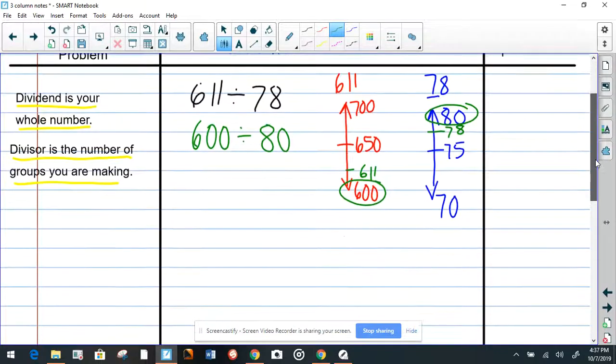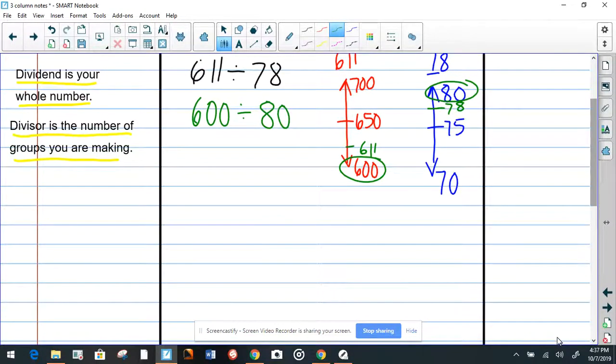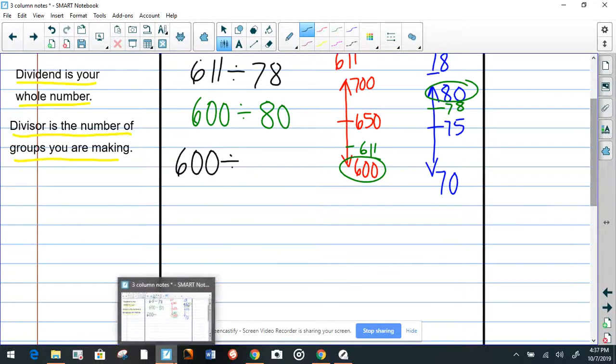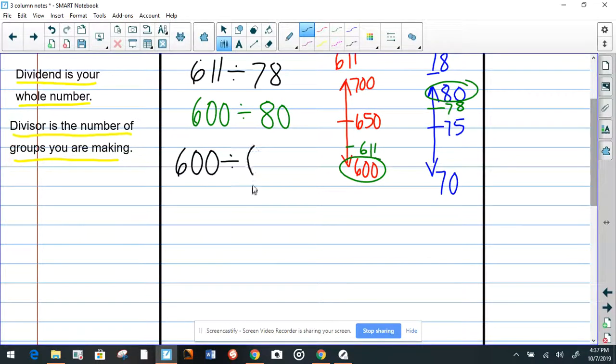Now to find the answer to the division, we can do two things. I'm going to show you two things at this moment. We can rewrite the problem, which is 600, the dividend, divided by 80. But we're going to decompose 80. 80 is going to be 10 times 8.